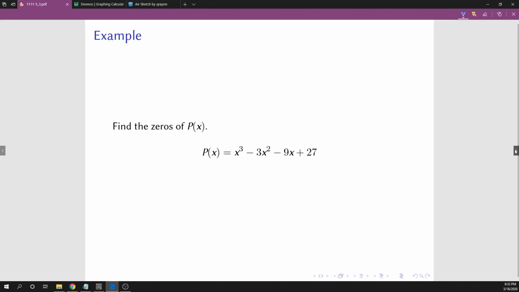The next example: I want to find the zeros of x cubed minus 3x squared minus 9x plus 27. Let me write that down.